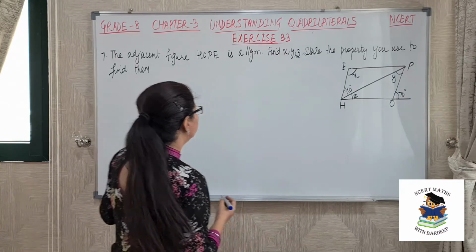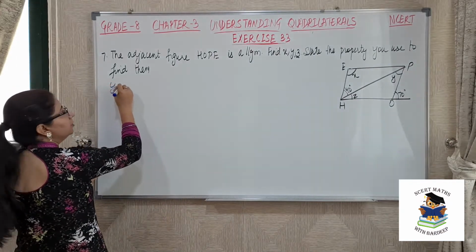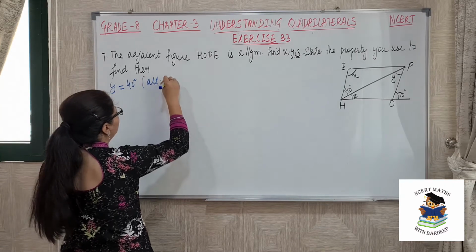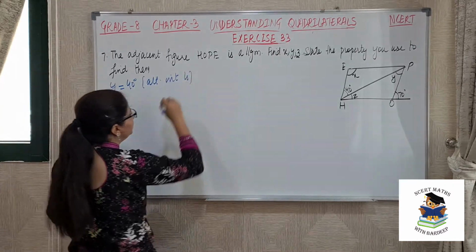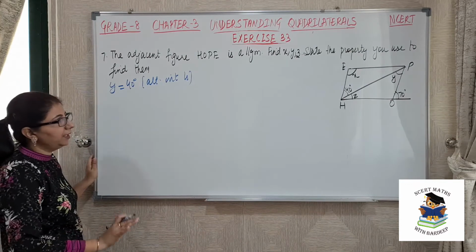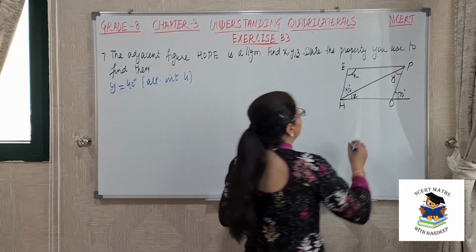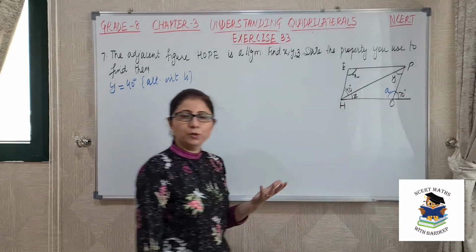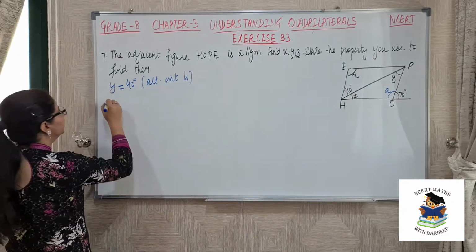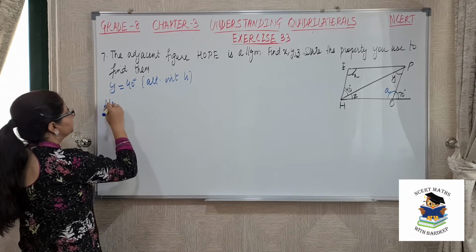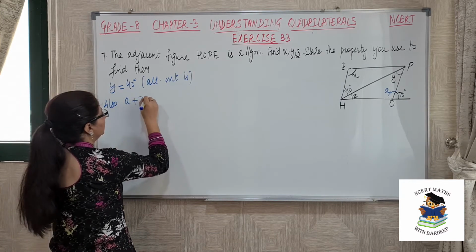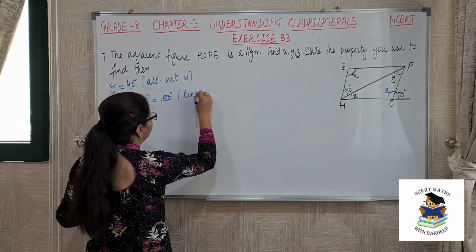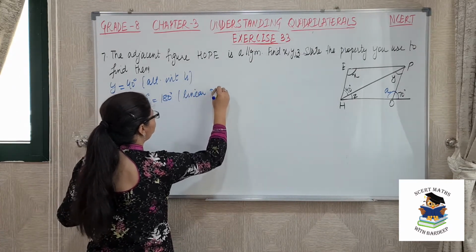Let's write it first. Angle y should be equal to 40 degrees. Reason: they are making a pair of alternate interior angles. So we have y. Now see, let it be A. A plus 70 is 180 degrees because they are forming a linear pair.